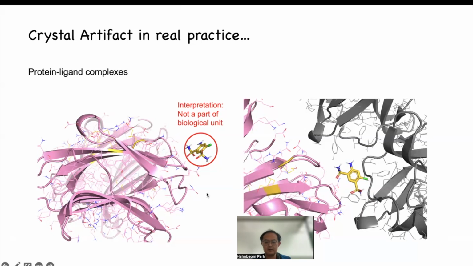So you have to be really careful when you interpret crystal structures. It's really important to build the symmetric mates of your crystal structure in order to interpret the correct biological structure of the protein, and to check that it's not influenced by any asymmetric units or symmetry mates in the crystal structure.